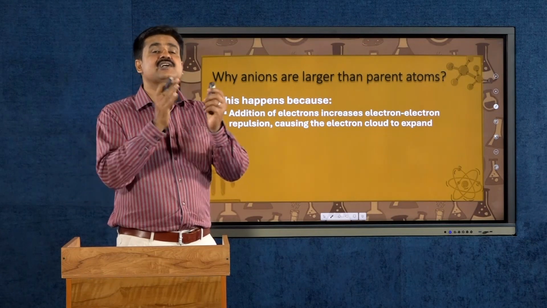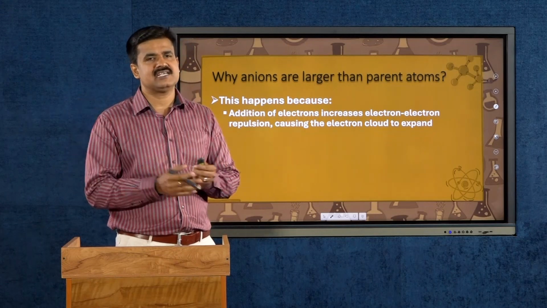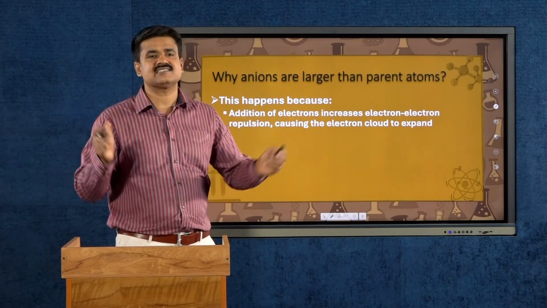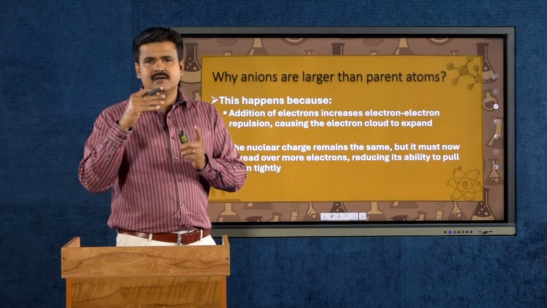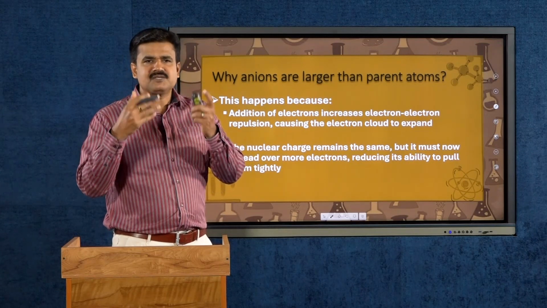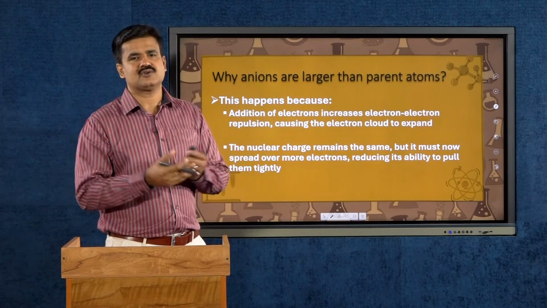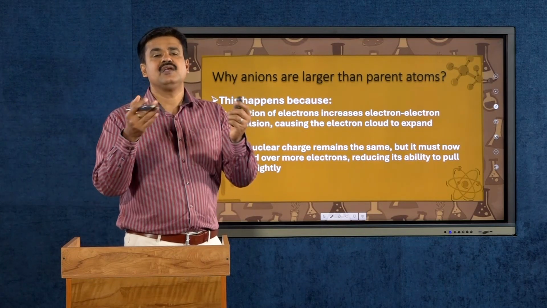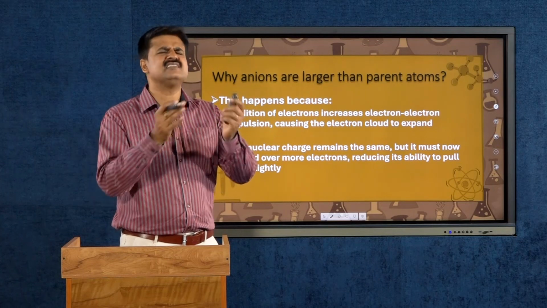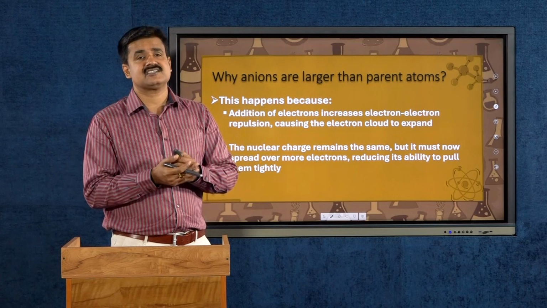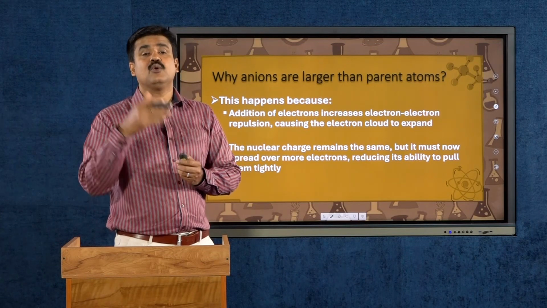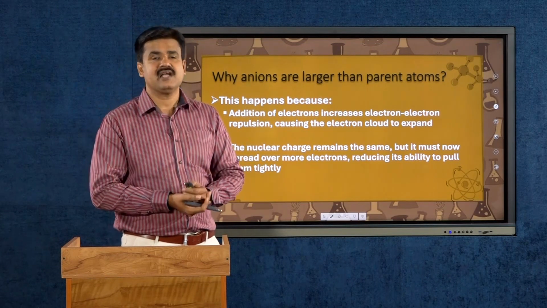That means electrons will move away from the nucleus, which leads to an increase in size. The nuclear charge remains constant, but it must spread over more electrons, reducing its ability to pull them tightly. That is, electrons will move away from the nucleus, leading to bulging in the structure, so the size of anions is always greater than the corresponding atoms.